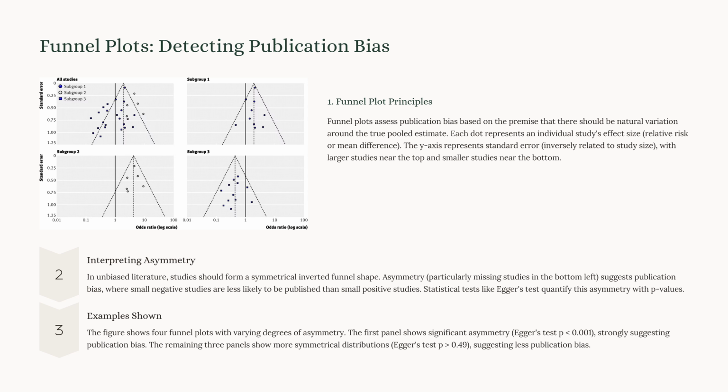The first funnel plot shows asymmetry, which you can just visually see. And then the Egger's test, which is put on top of the funnel plot, is statistically significant. So you would expect that just by visual searching of that plot, but the statistical test helps objectively confirm that, suggesting strong publication bias. However, the other 3 don't really show much publication bias based on visual inspection and the Egger's test.